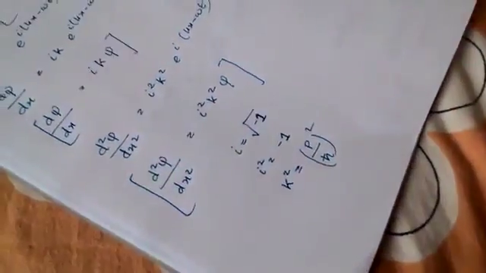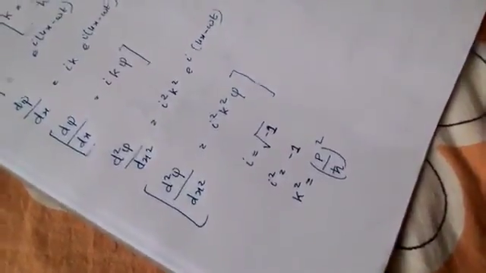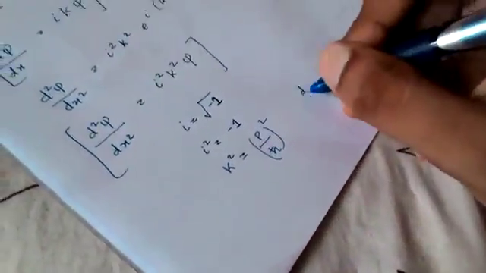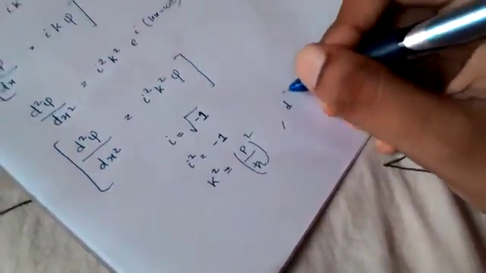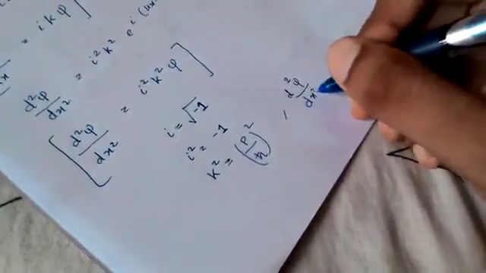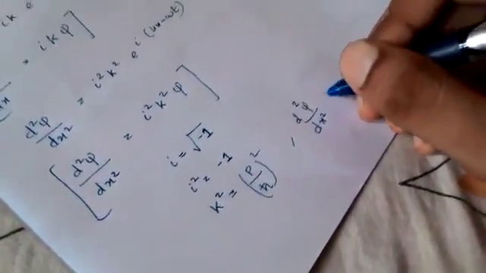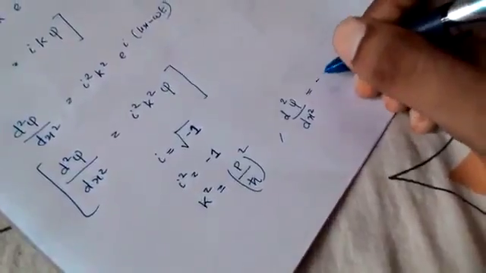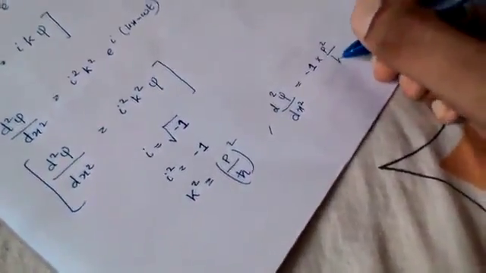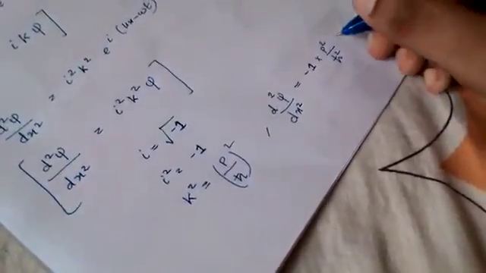We get d squared psi by dx squared equal to minus 1 into p squared by h bar squared into psi.